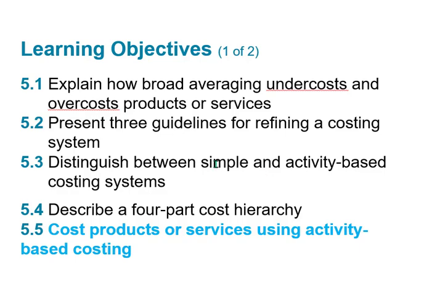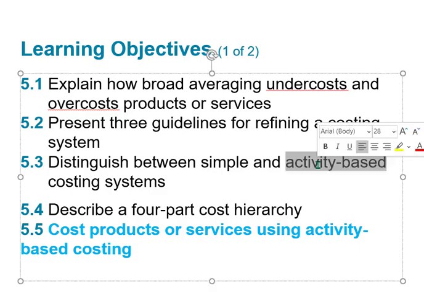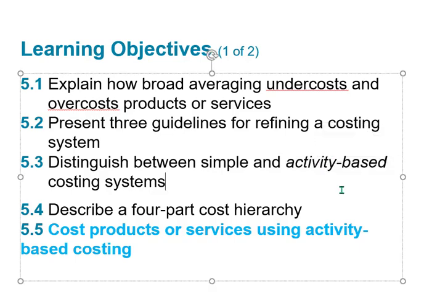Remember, activity-based focuses on the activity. That sounds dumb, but that's what it does. Then we described a four-part cost hierarchy: the unit, batch, product sustaining, and facility sustaining costs. And in the last presentation, we costed products or services using activity-based costing.